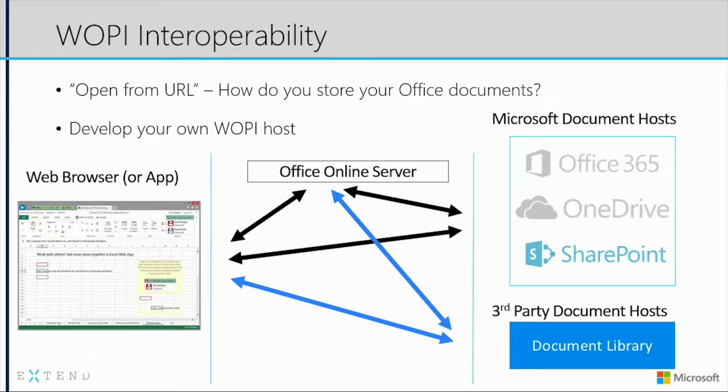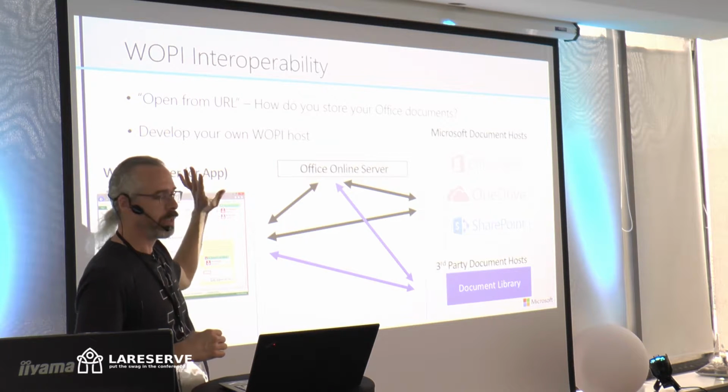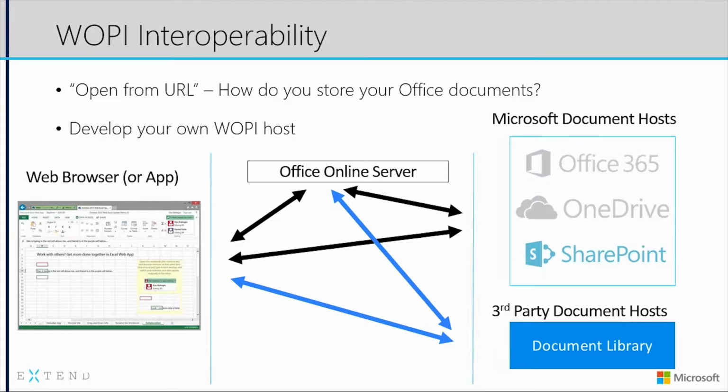So I won't go through that in detail, but developing your own WOPI host using the WOPI REST APIs and endpoints allows you to basically sit on the same level as SharePoint, OneDrive, Office 365.